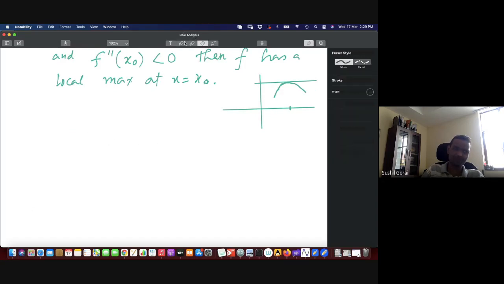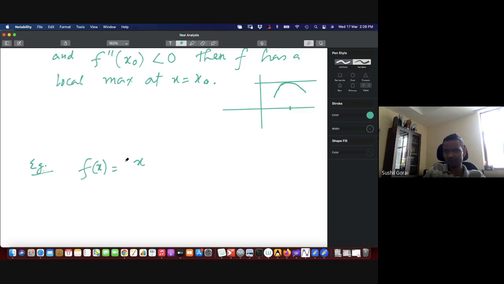Most of the cases, our old friend x square sine 1 by x will do here also. So consider f of x to be x cube sine 1 over x when x is not equal to 0, and 0 when x equals 0. Is it differentiable?